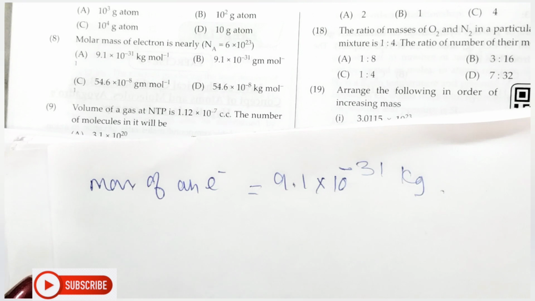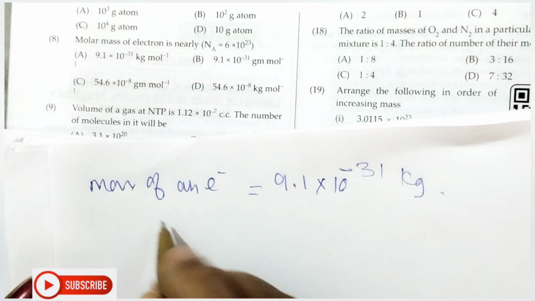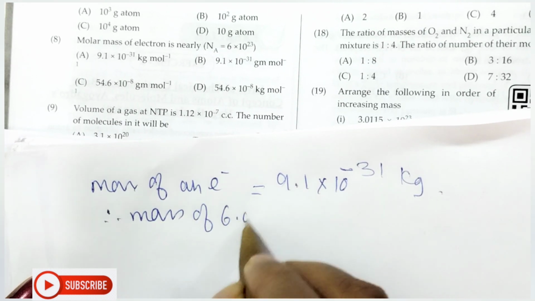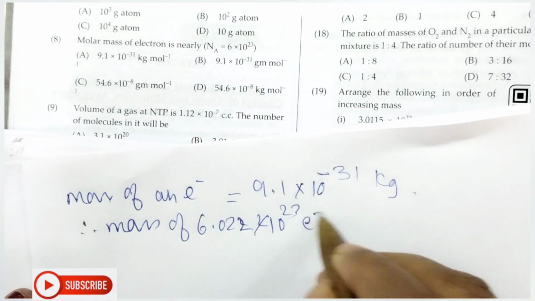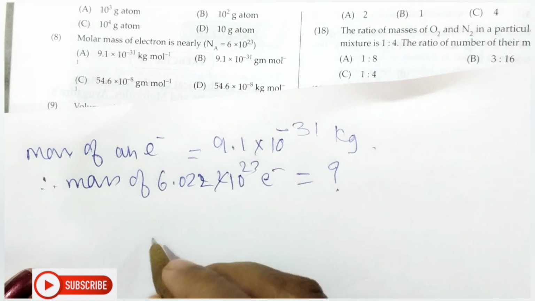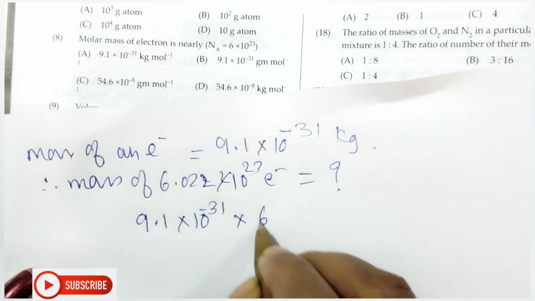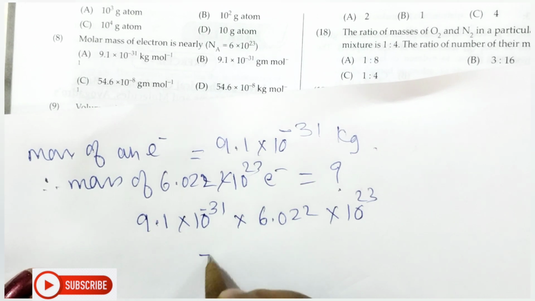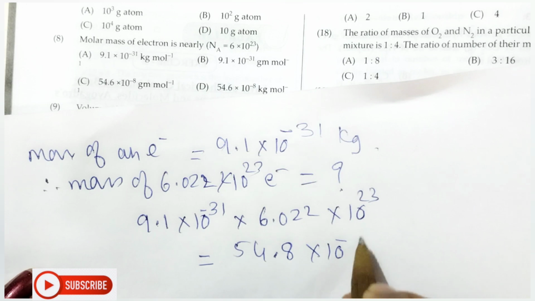They are asking for Avogadro number, therefore the mass of 6.022 into 10 raised to 23 electrons will be how much? Simply cross multiply: 9.1 into 10 raised to minus 31 multiplied by Avogadro number, and this will give you 54.8 into 10 raised to minus 8.